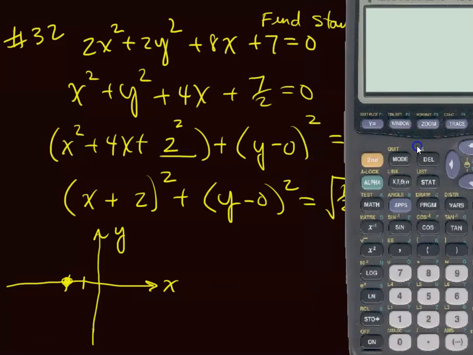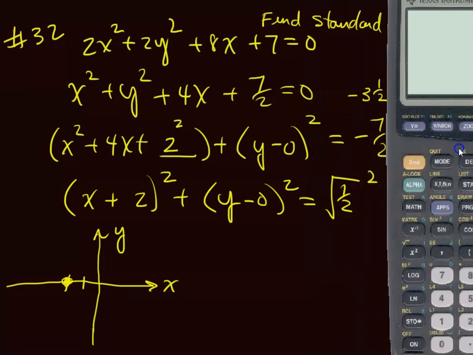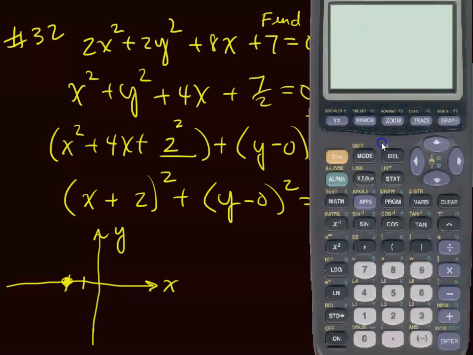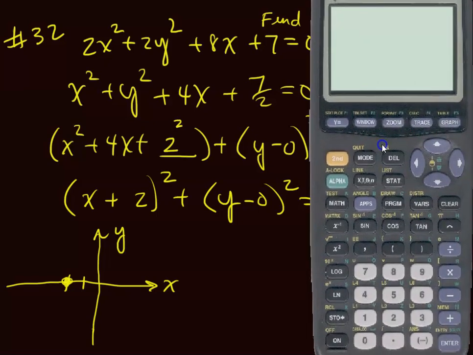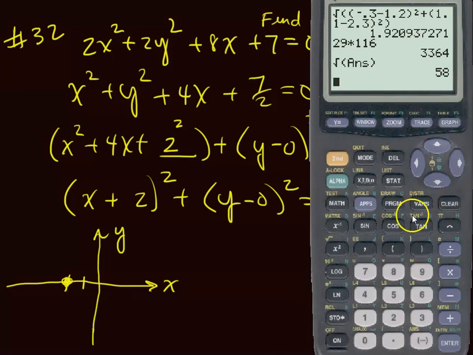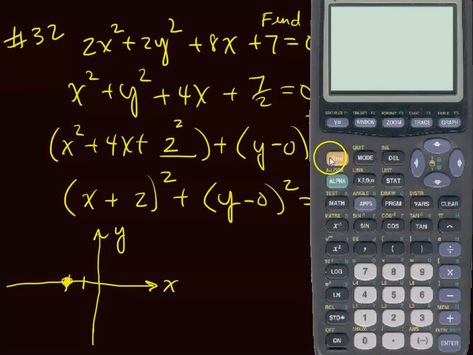Remember, the square root of 1/2 is the radius, not the squared part. It's not 1/2 for the radius, it's the square root of 1/2. So I'm going to find approximately what is the square root of 1/2. Let's clear off this stuff from before. I'm going to put in 0.5 because it's just a little bit easier. Doesn't really make any difference. So it's 0.707.